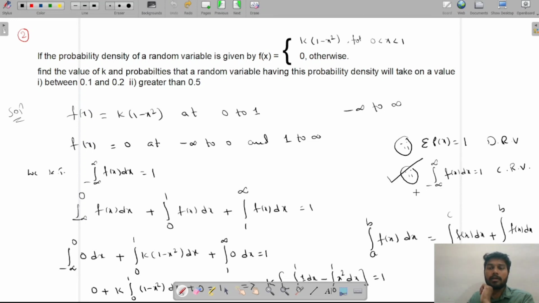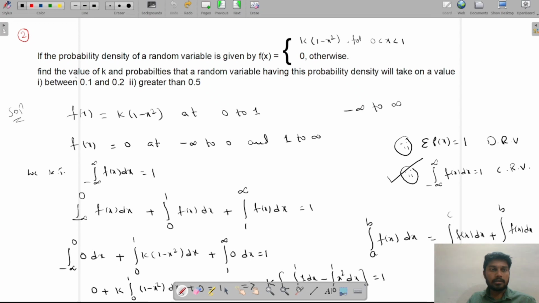With the help of this formula, I can find the value of k. If my question belongs to a discrete random variable, then I have to take the help of summation p of x is equal to 1. Then we can get the value of the constant in a discrete random variable. I hope everyone is clear, right?